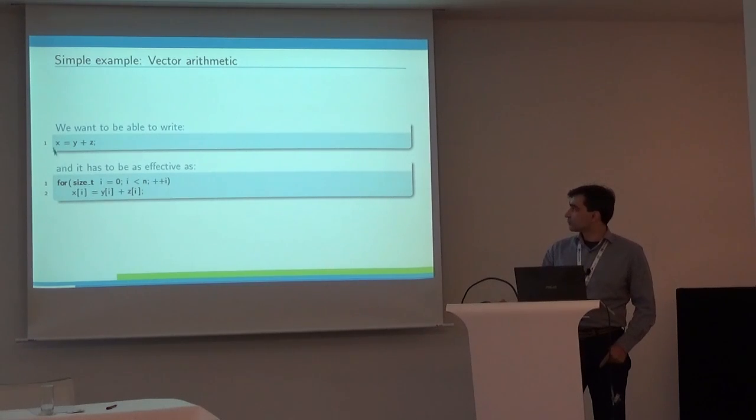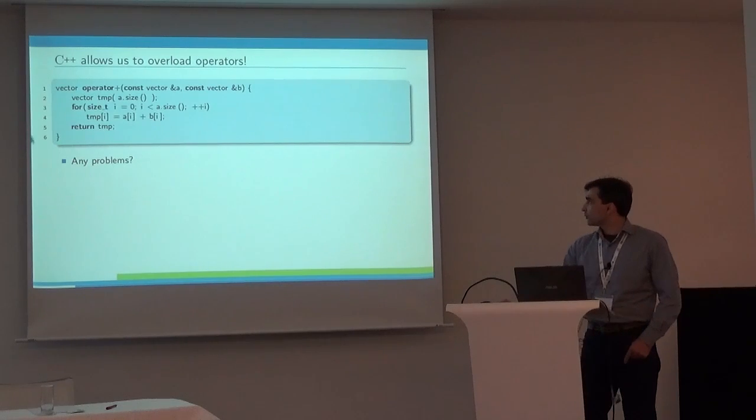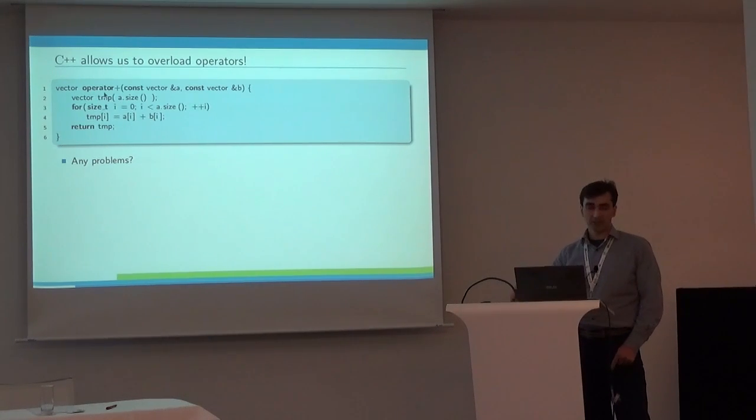So we want to be able to write this expression, and we want it to be as efficient as a handwritten loop, okay? And the obvious idea is, of course, wrong, as happens with many obvious ideas. If we just overload the plus operator, which will take two vectors, create a temporary vector, fill it, and return it as a result, it will work correctly, but it will not work efficiently.